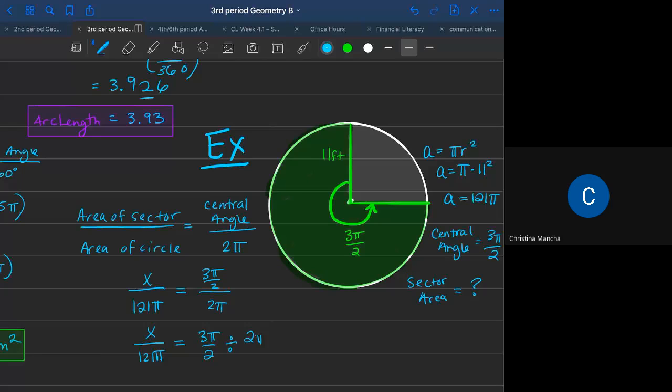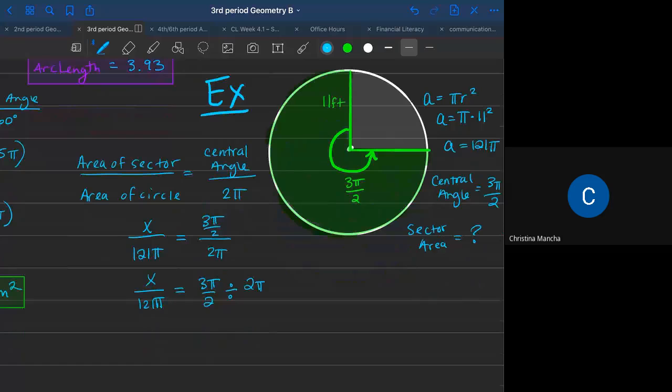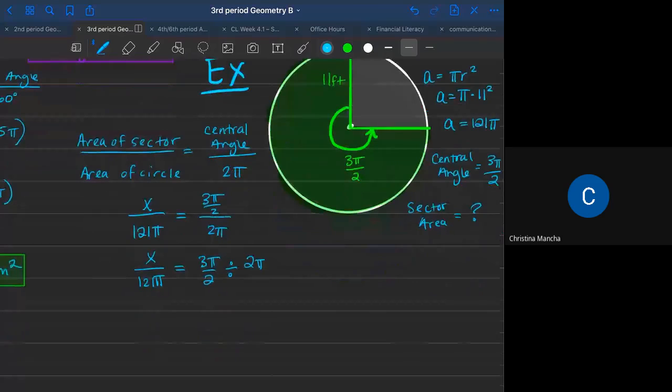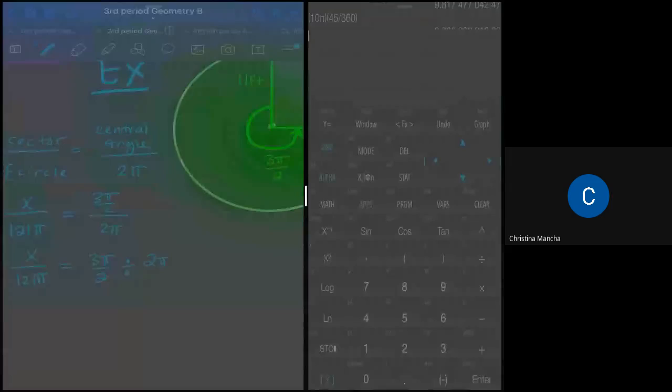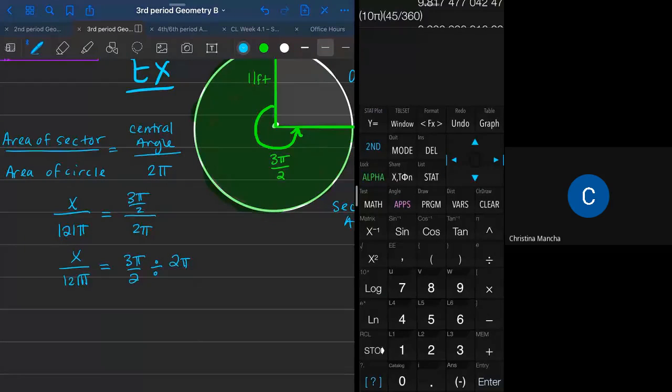Hopefully this isn't too left field for you, in the sense that you remember how to multiply and divide fractions. Don't worry if you don't. You can definitely put this into the calculator and just get your answer. But you're going to see that something interesting happens.